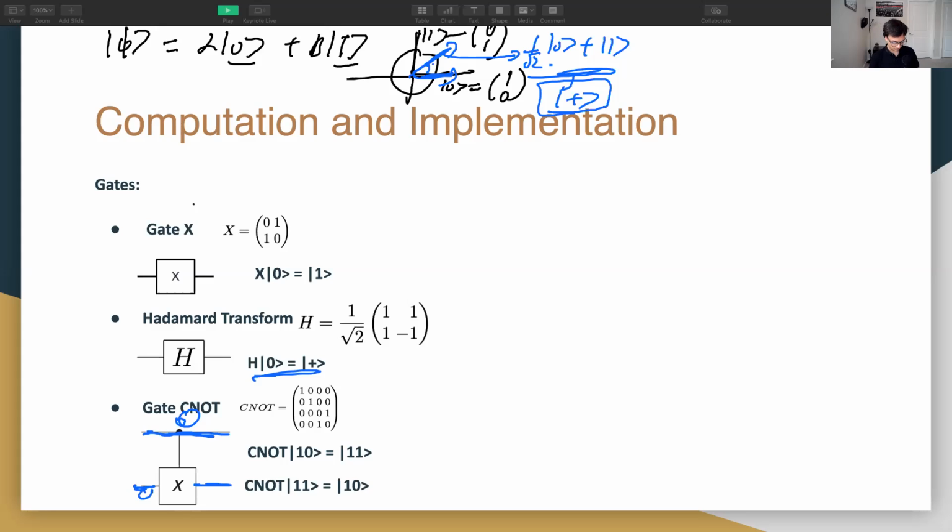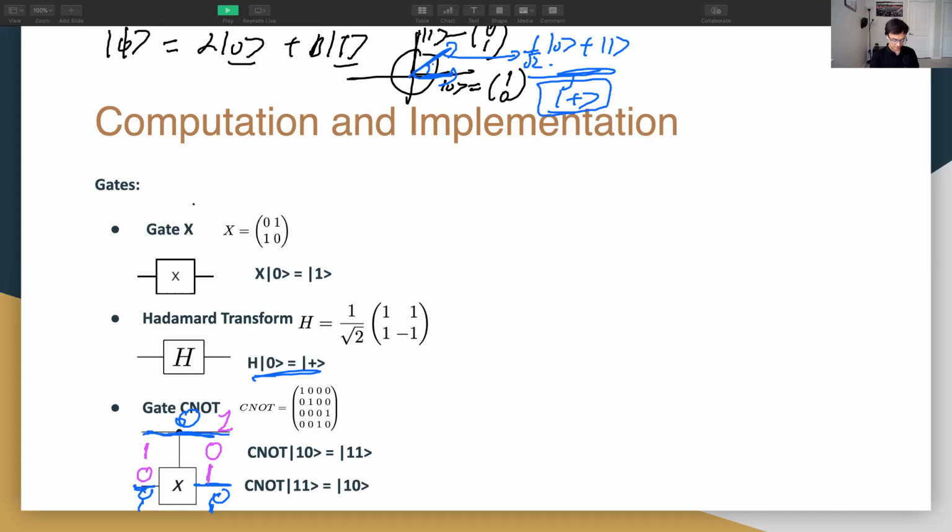If it's 0, it will be 0, or if it's 1, it will be 1. But if this qubit state is 1, then it will flip the state of the second qubit. If it was 0, it will change to 1. If it was 1, it will change to 0. There are many more gates in quantum computing. I just discussed three to give the basic understanding of how the computation mechanics works in the quantum computing world.